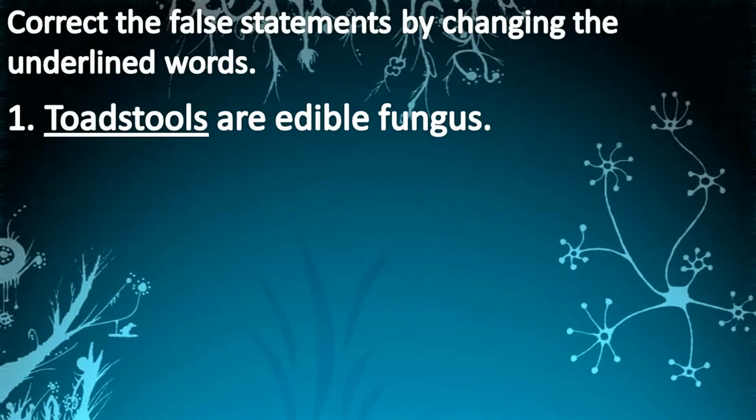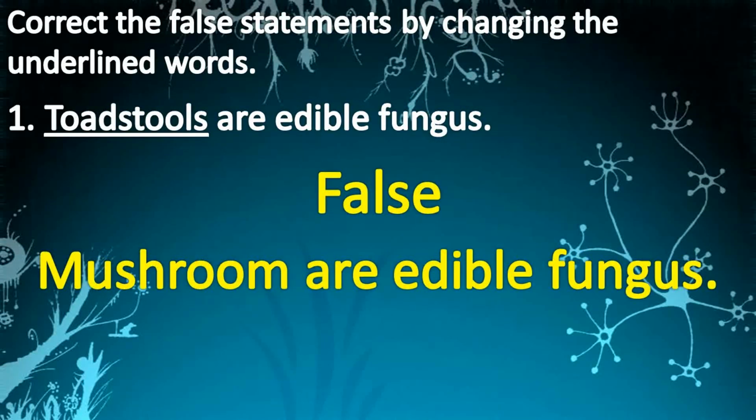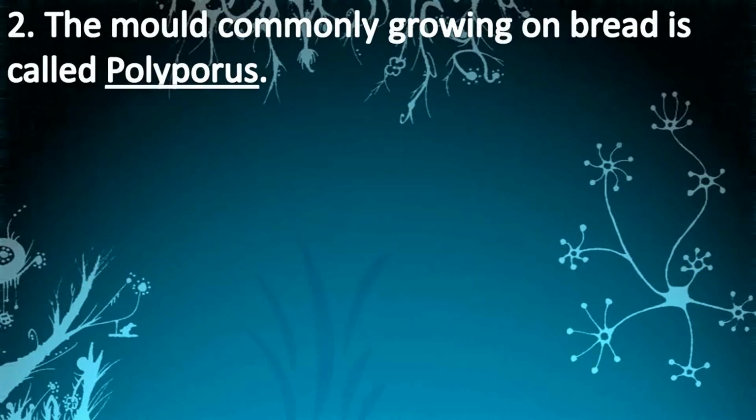Next question. Correct the false statements by changing the underlined words. Toadstools are edible fungus. Answer is false. Mushrooms are edible fungus. Next question. The mould commonly growing on bread is called polyporus.